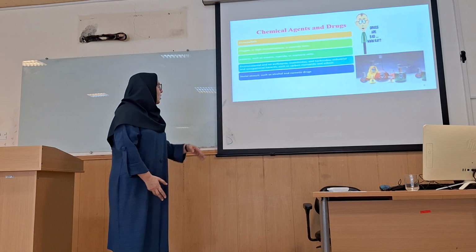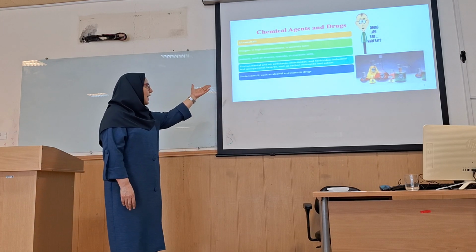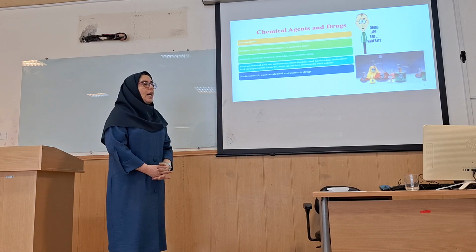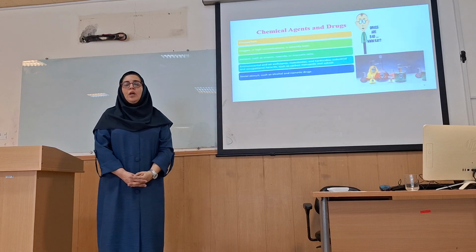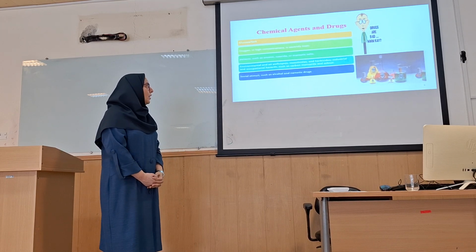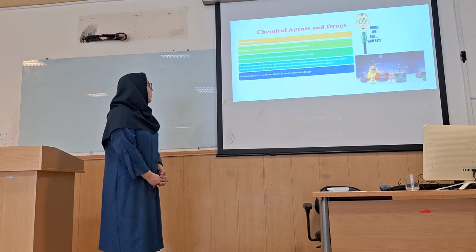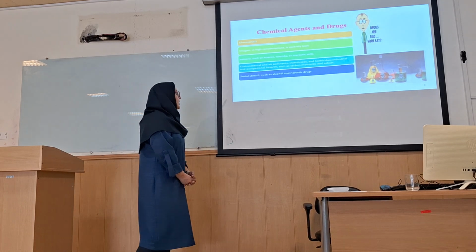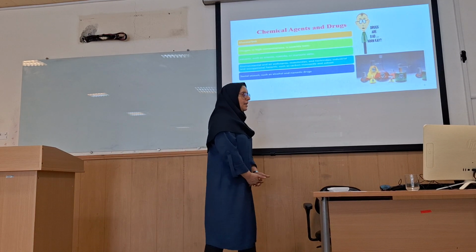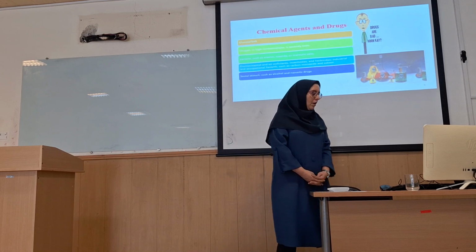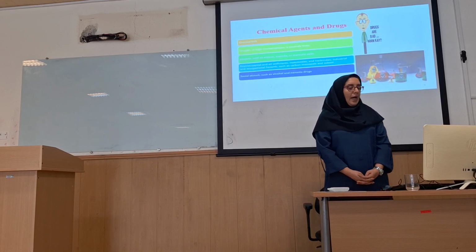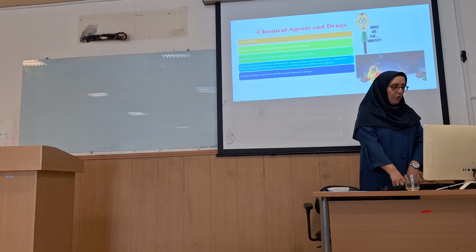Also some social stimuli such as alcohol, narcotics, and some pollutants in our environment are very toxic for our body. And poisons, for example, cyanide, arsenic, mercury, are very common in industrial settings and are dangerous for a healthy cell.